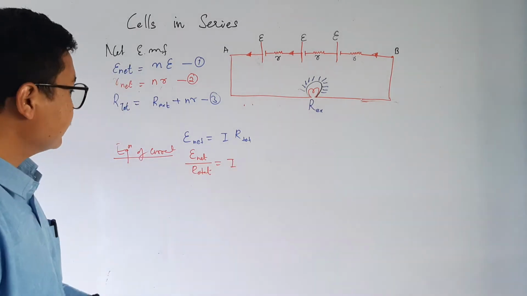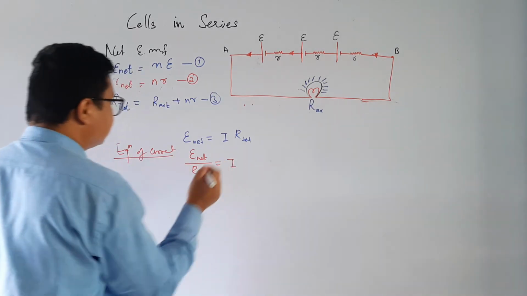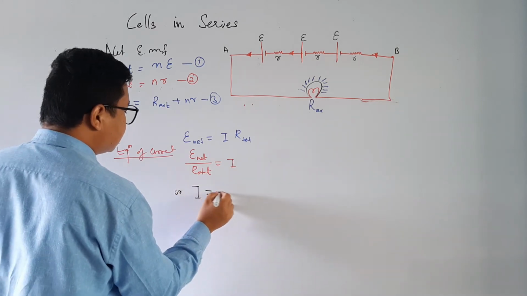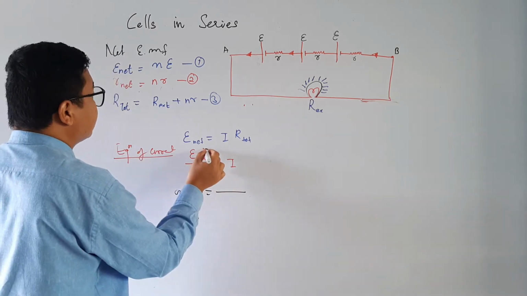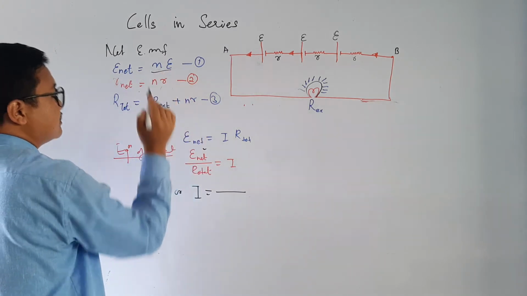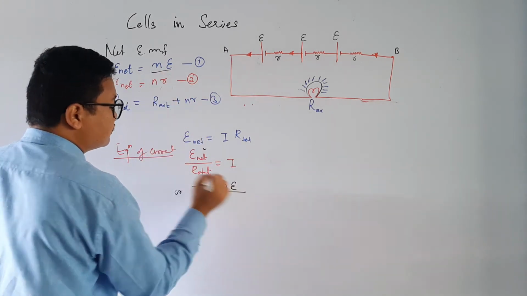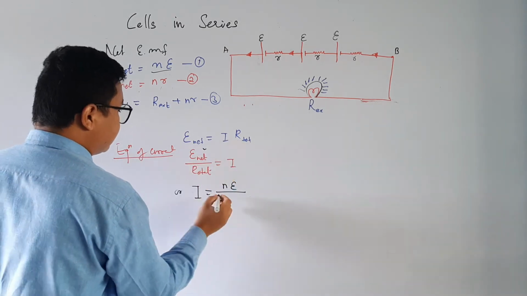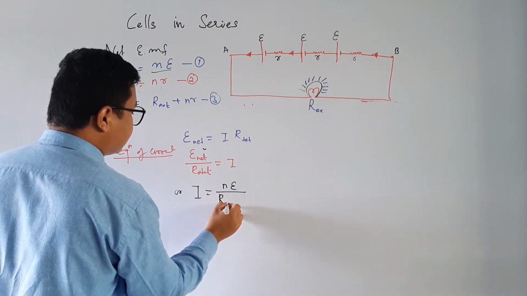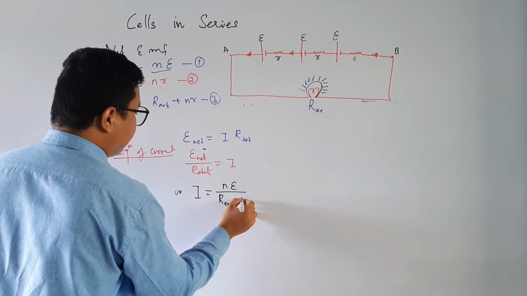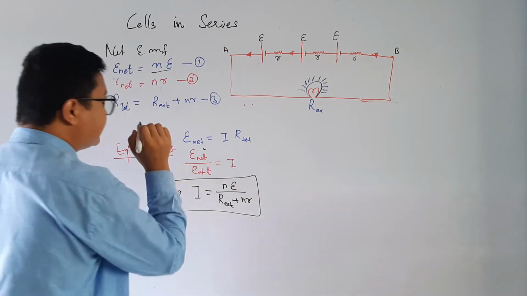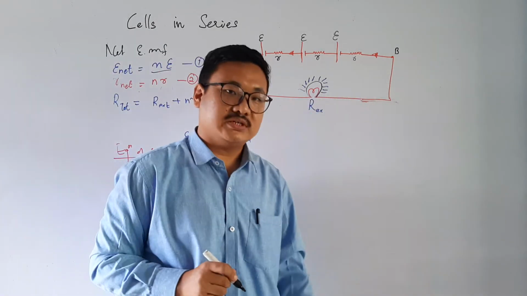Right? Okay. So then let us put the values, I is equal to E net. What is the value of E net? E net is n epsilon. Understood? Now what is the value of R total? R total is R external plus n into r. So this is the current in this situation.